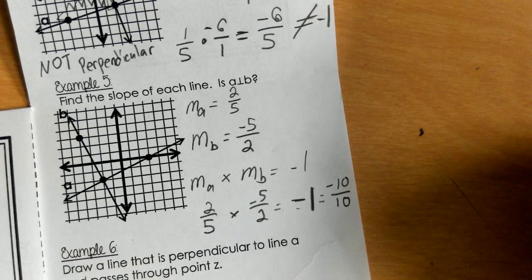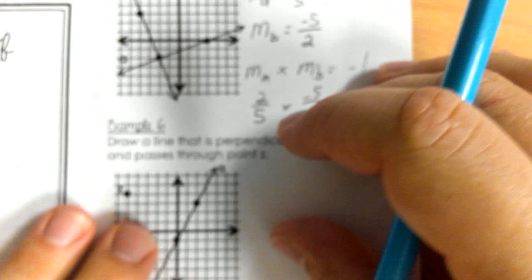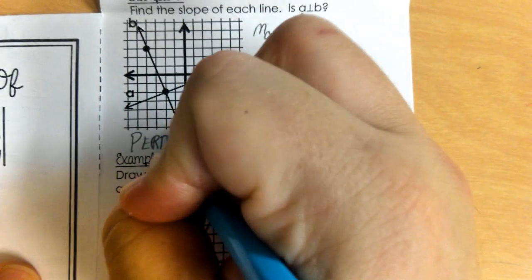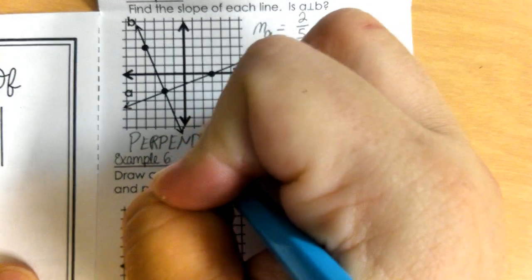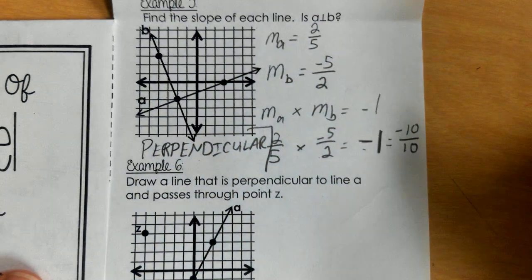That reduces to negative 1. And they said if the slope of A times the slope of B is negative 1, they're perpendicular. So these lines would be perpendicular.